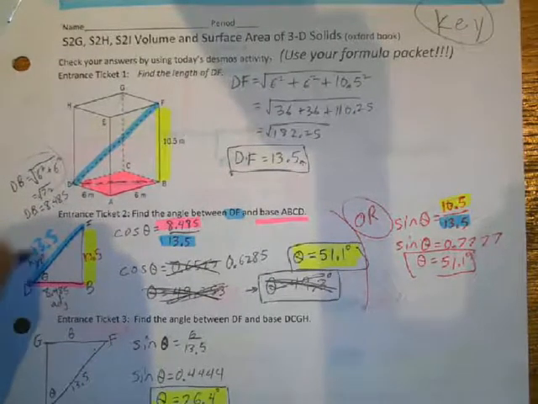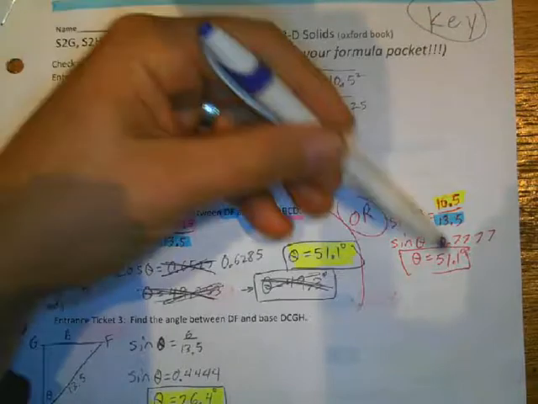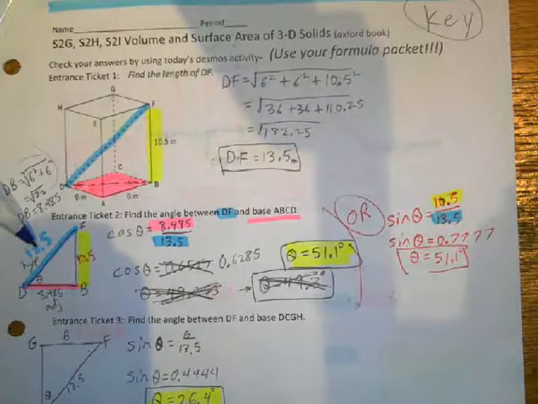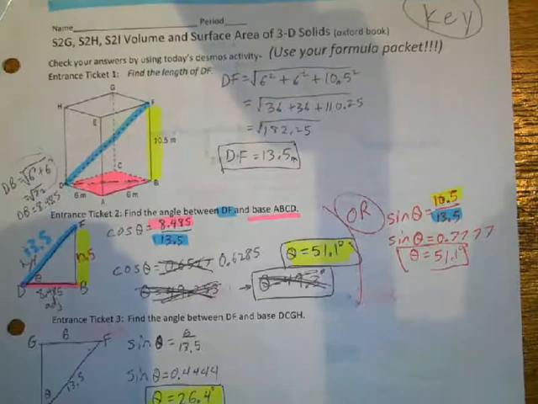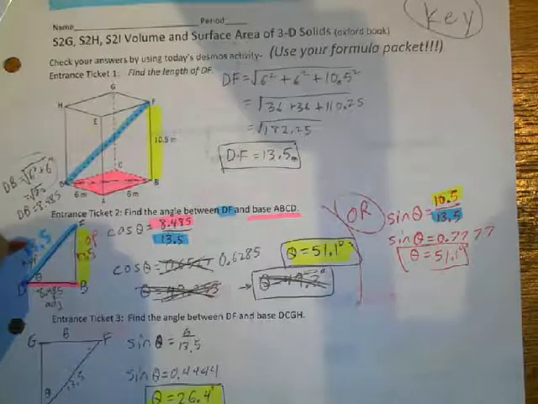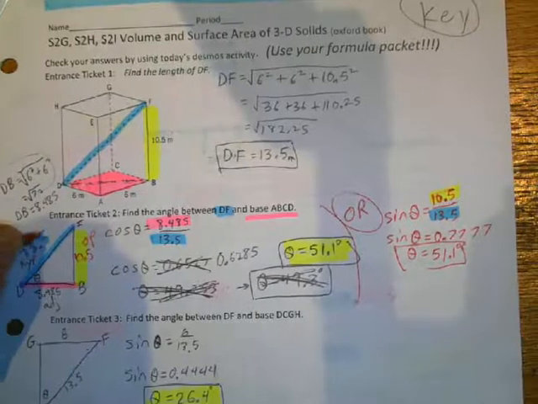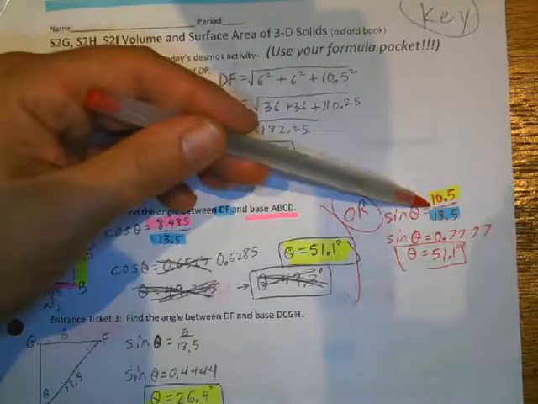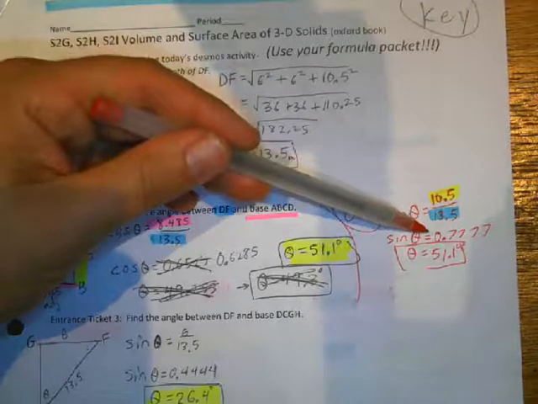If it's the yellow one and the blue one, this is opposite and hypotenuse. And if I've got the opposite and hypotenuse, I can use sine of 10.5 divided by 13.5, and I get this value.